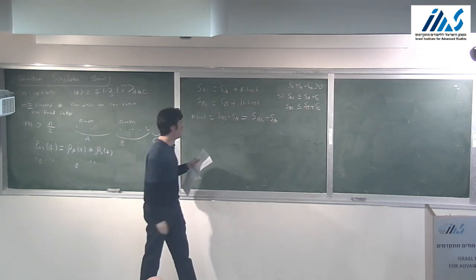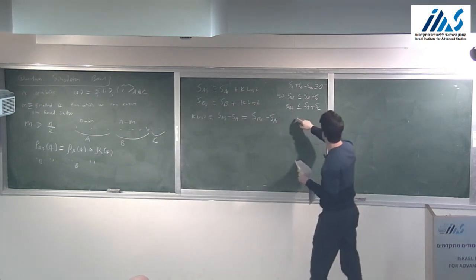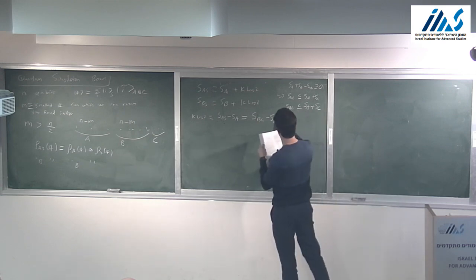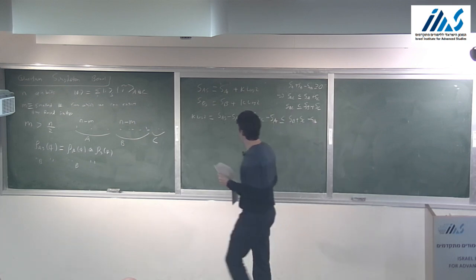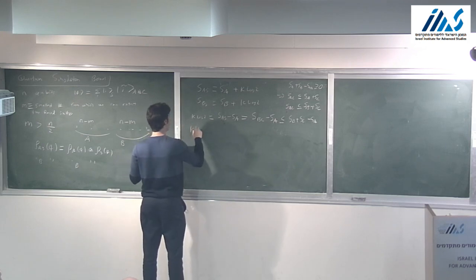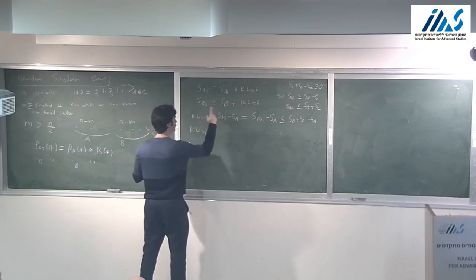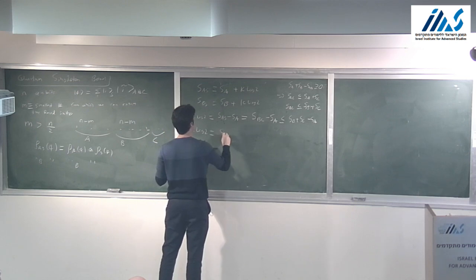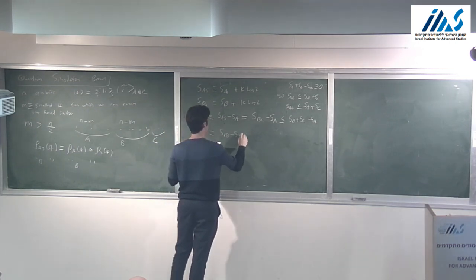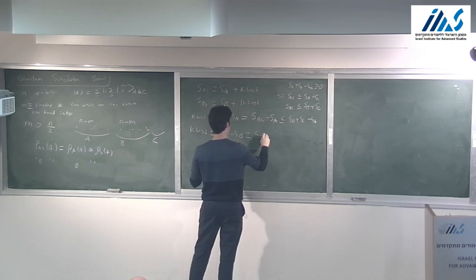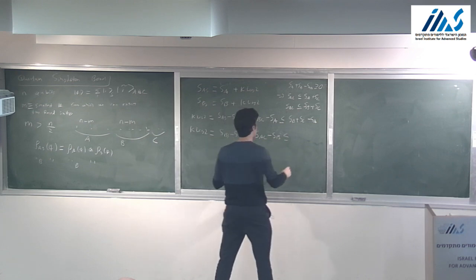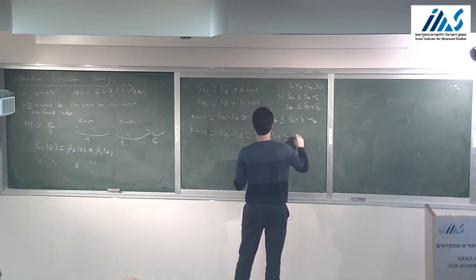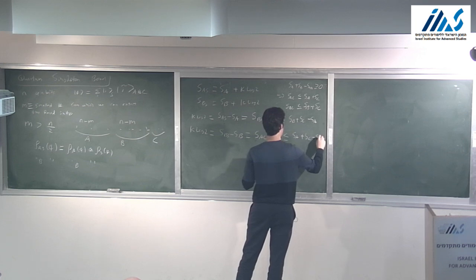Then by subadditivity, since I have SBC here, this is less than or equal to SB plus SC minus SA. I can do the same thing for the other set: SBS minus SB, which is equal to SAC minus SB, which by subadditivity is less than or equal to SA plus SC minus SB.